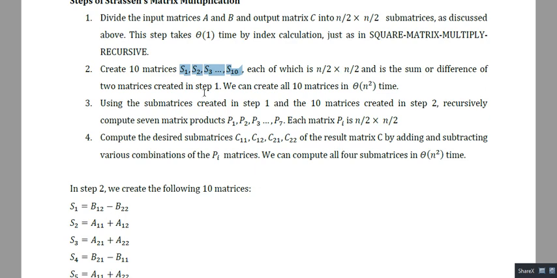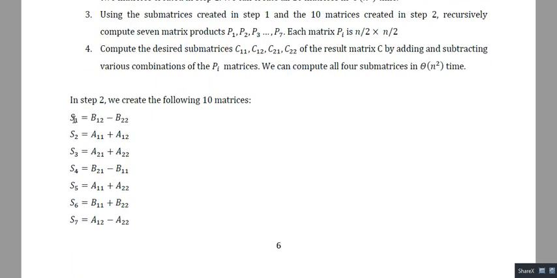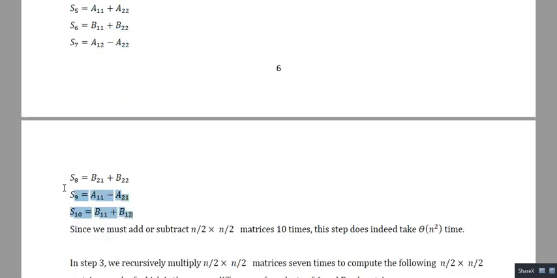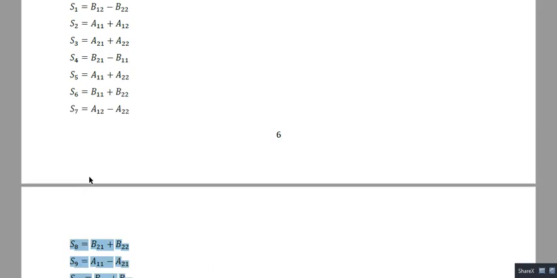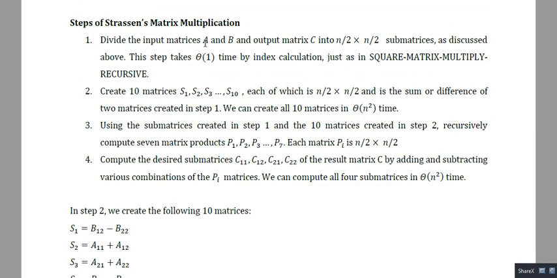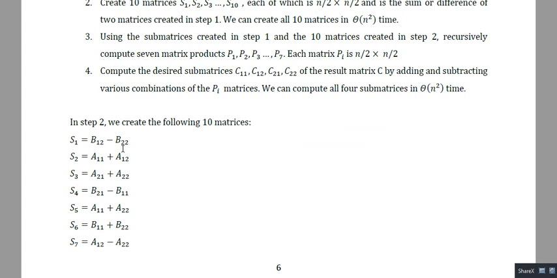And the formulas for S1, S2, S3 up to S10 are like this. Okay, so Strassen's is just making the assumption that from the matrices created in the first step, A11, A12, A21, A22, like B11, B12, B21, B22, from those values we are just computing the values of S1, S2 up to S10.